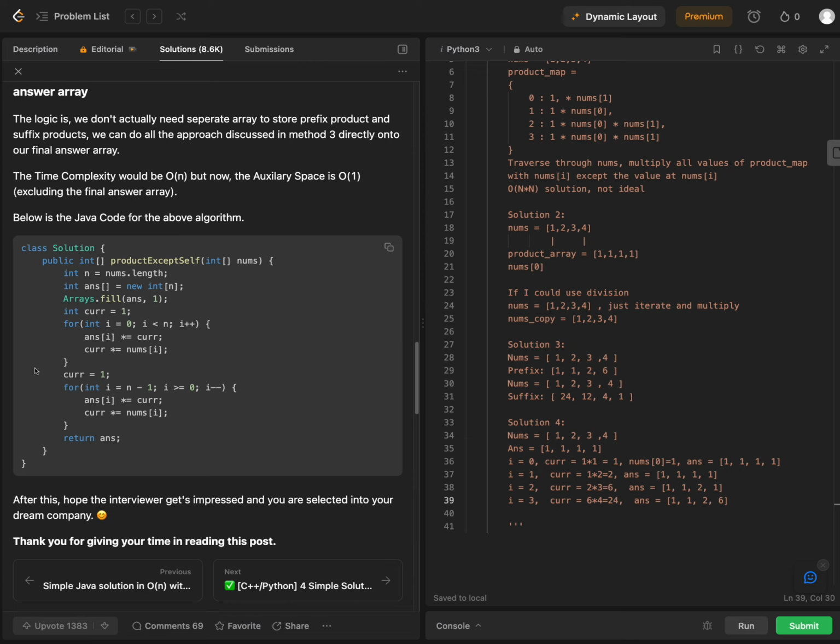And you reset your current to 1, and then essentially for here you repeat this process but in the opposite direction. Multiply everything.